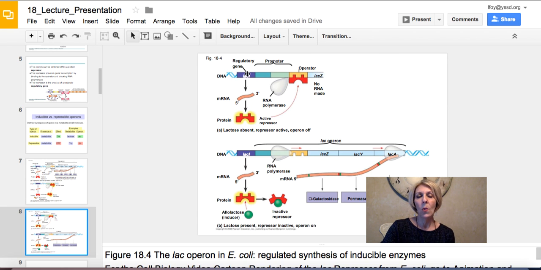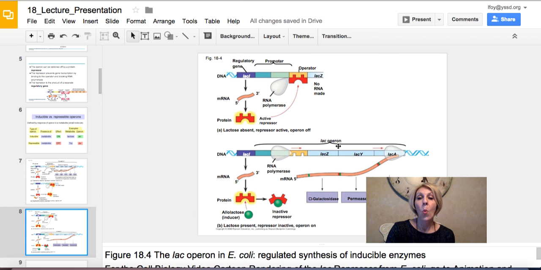The repressor protein is being made from the regulatory gene. Here's my piece of messenger RNA to make this protein. It is already synthesized in its active form, and this active repressor sits on top of the operator. Now my RNA polymerase cannot bind to the promoter. Remember, that's the doorknob. The repressor blocks it, so I'm not going to synthesize any of these structural enzymes downstream.